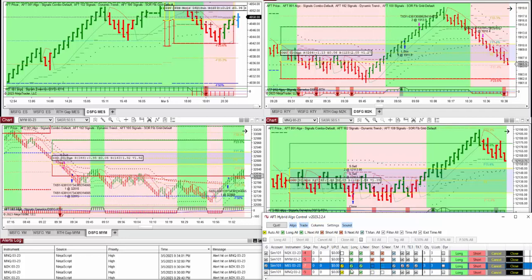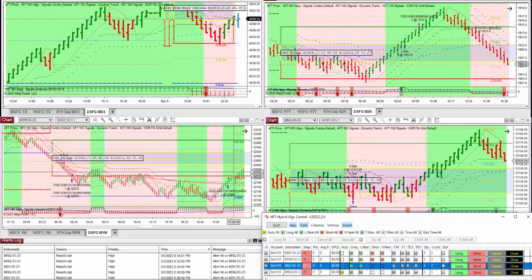It'll automatically execute the next long trade setup in both MNQ and ES. If I only want the NQ, I would just uncheck the auto for ES and leave the MNQ. That way the software will execute the trades and manage the trades for me.